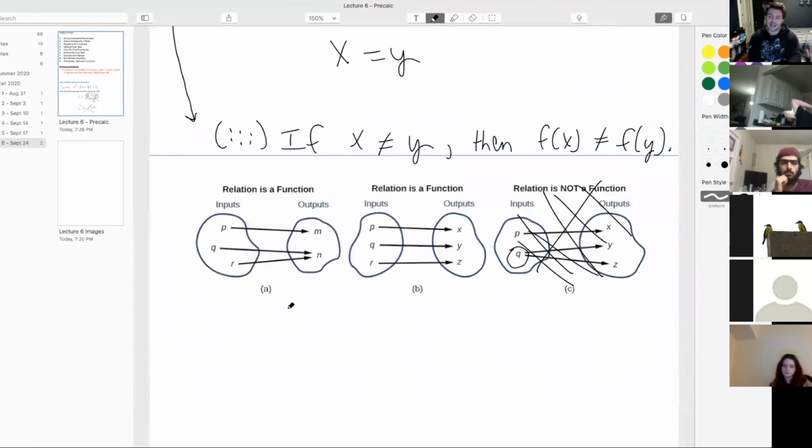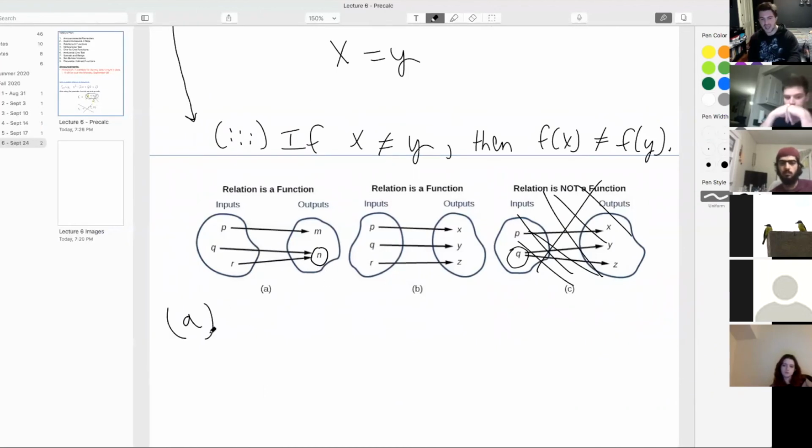A is not going to be one-to-one. Reason being is that the output of N had two inputs that went to it. In other words, we had two distinct inputs, Q and R, that got mapped to the same output.